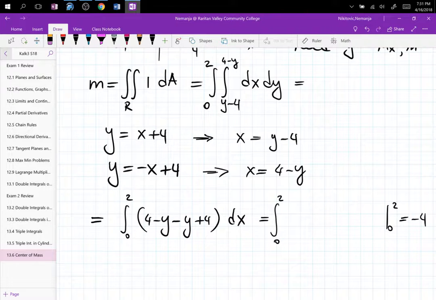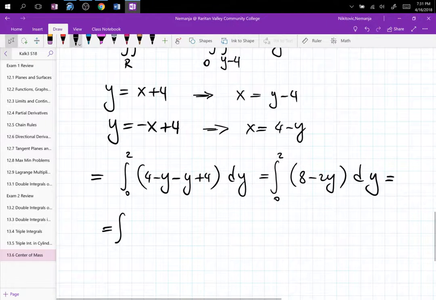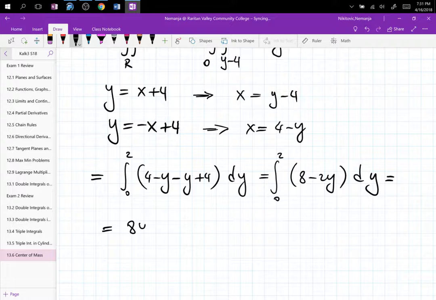Well, good thing that someone is paying attention here. It's 8 minus 2y. I was just testing you to see if you are paying attention, and you also are not paying attention that I'm placing these dx's instead of dy's. These are all my tests, and you just keep failing them. 8y minus y squared from 0 to 2.